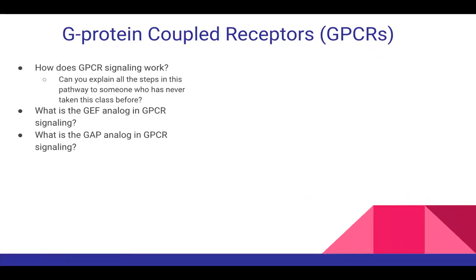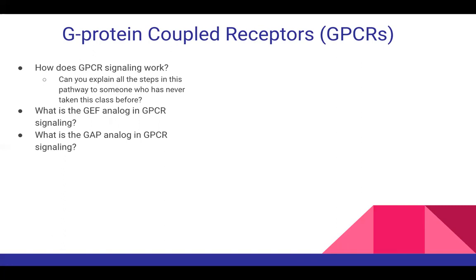Thank you. So GPCR stands for G protein coupled receptors. Some of the main ideas that you want to understand about the GPCRs is how GPCR signaling works, of course. Make sure that you are able to explain all of the steps. We like to say that if you can explain it to someone who's never taken this class before and has basic biology knowledge, then you're in a good spot.